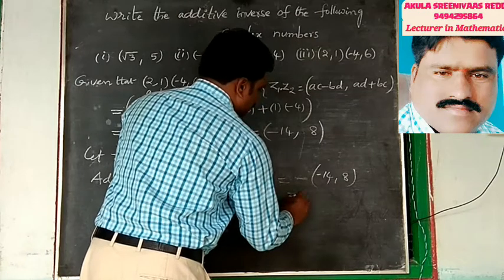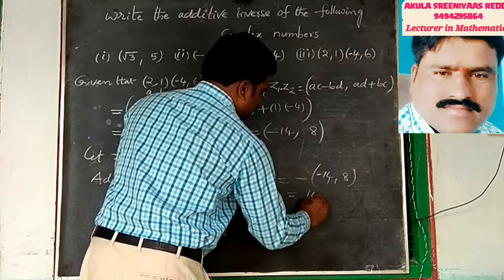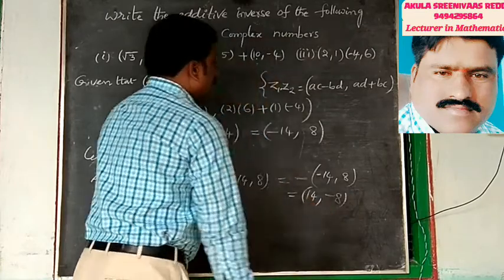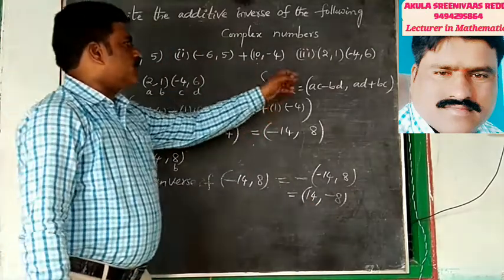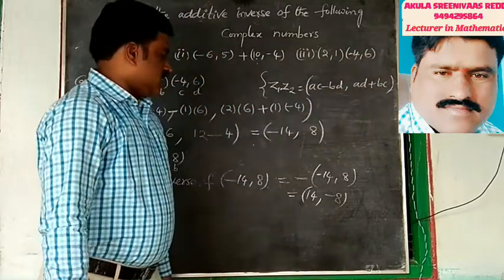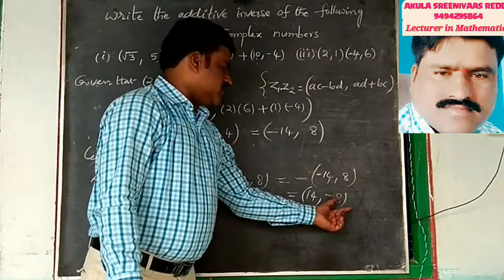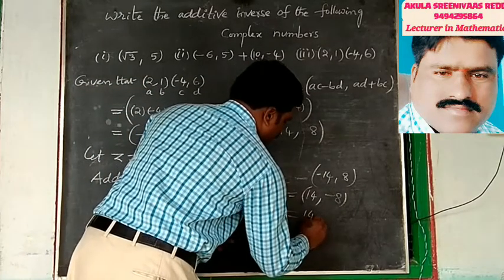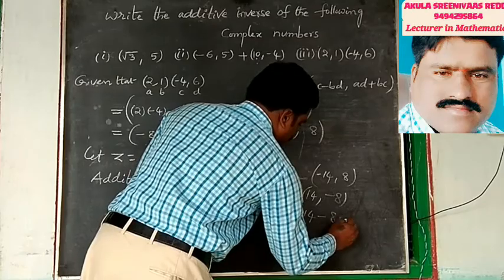That means minus into minus plus 14, -8. This is the additive inverse of (2, 1) into (-4, 6). Therefore, (14, -8). This can also be written as 14 - 8i.